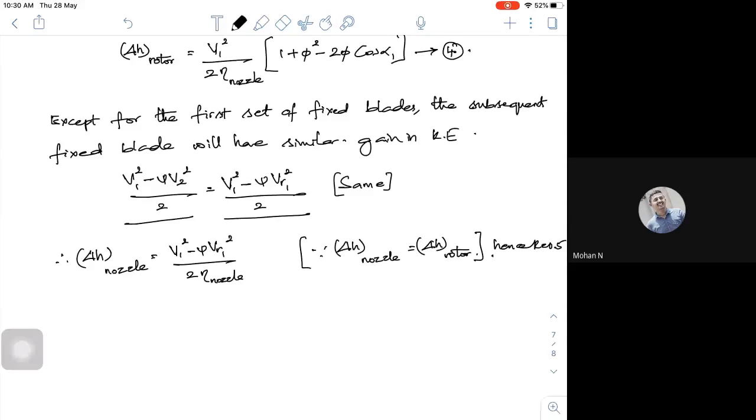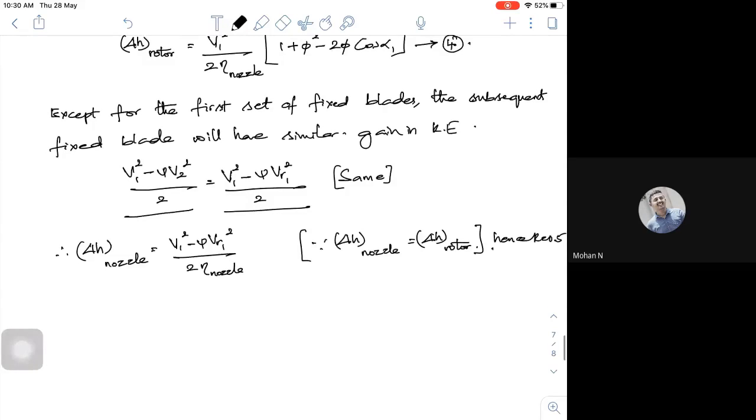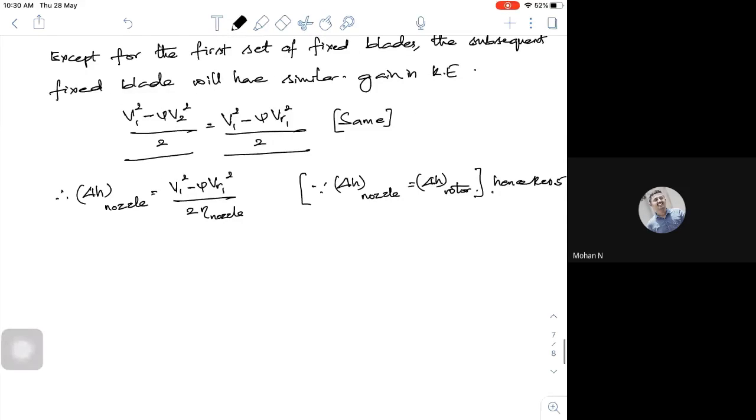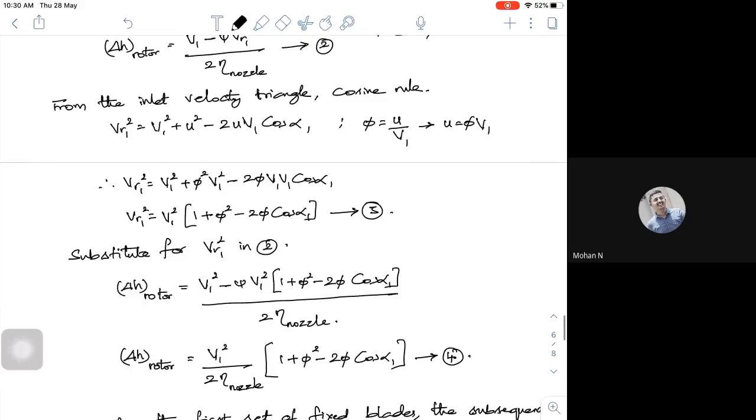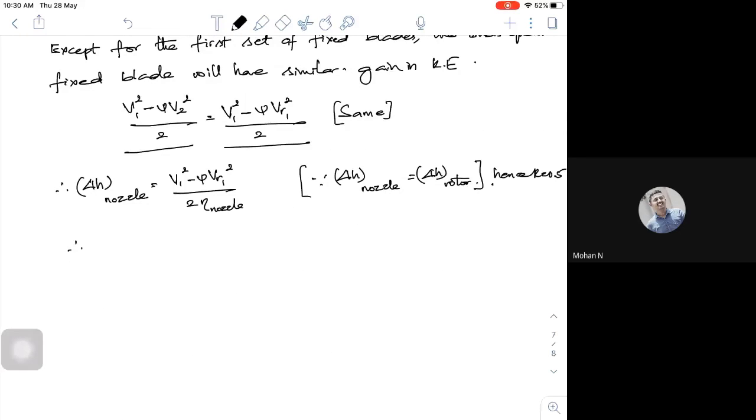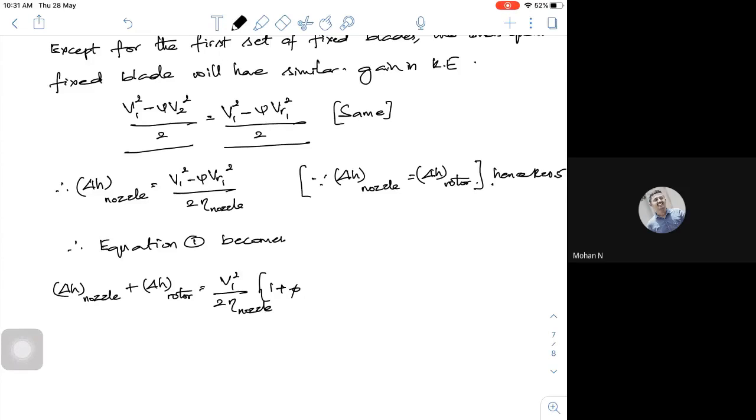Now if I write this expression, if I substitute this in expression number 1, taking equation 4 and adding it, equation 1 becomes: delta H of nozzle plus delta H of rotor, everything isentropic, is equal to V1 square by 2 nozzle efficiency into 1 plus phi square.